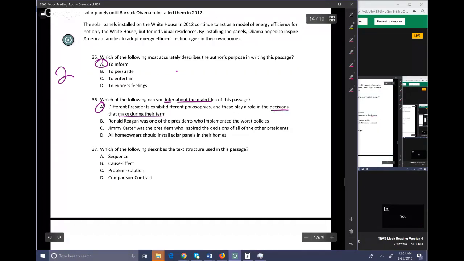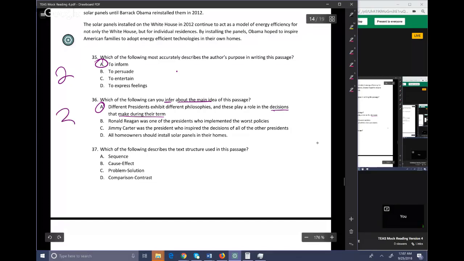One of those decisions would be having solar panels, taking them down, depending on what the president might be passionate about or passionate against. Any of these other ones either have more information than what we have, or they might be things that are opinionated. So like B has an opinion, C has information we don't have, and so on.